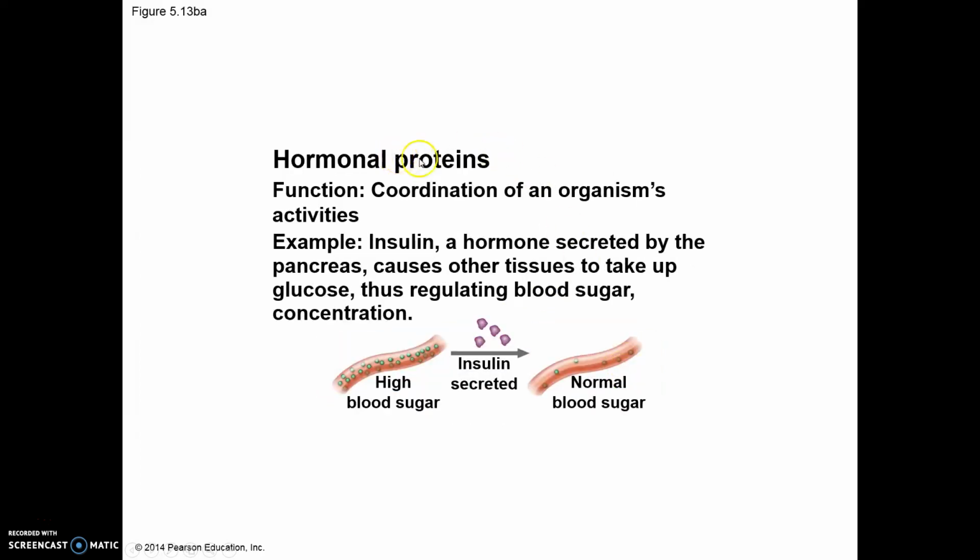You can have proteins that act as hormones. So after we eat a meal and our blood sugar starts to rise, we need a signal for our body to absorb all of that sugar. That signal is a protein called insulin. It's secreted. That tells all of our cells to start absorbing that blood sugar and put it into storage within the cells.